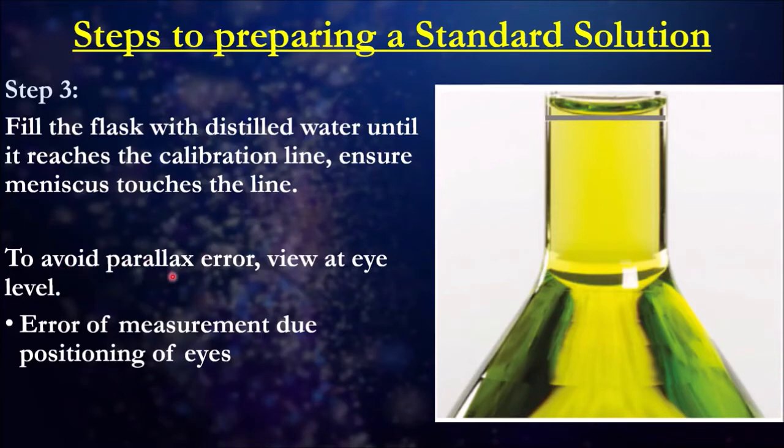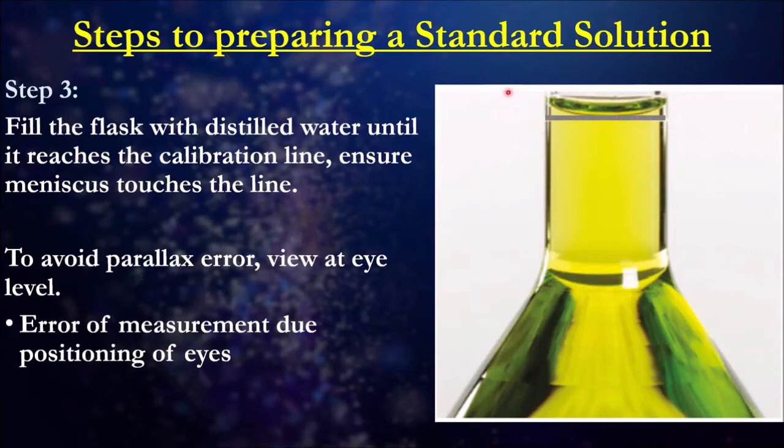To avoid a thing called the parallax error, which is essentially looking at the volumetric flask at different angles, giving you different interpretation of where the meniscus is to the line, put yourself at eye level to this little line here, and that should avoid you getting any parallax error. So just make sure you're at eye level looking at this line here.